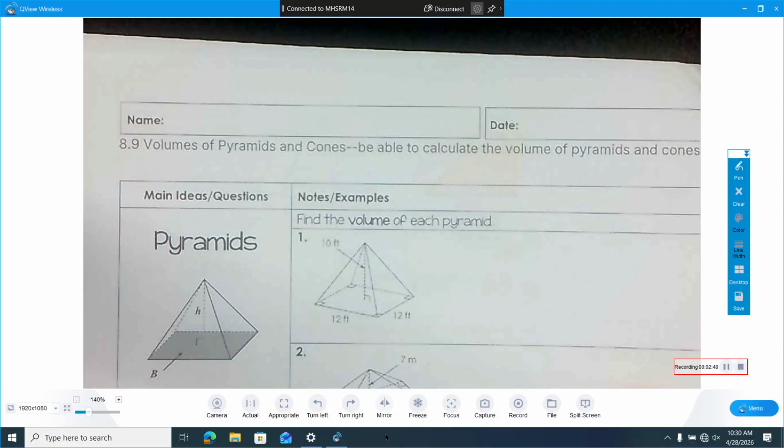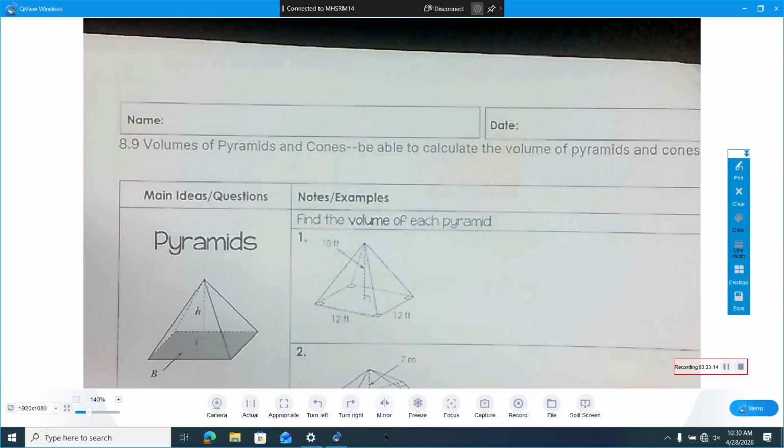So I have 1 pyramid full of water, and I'm pouring it into the prism. Oh, 3? Are you changing your answers now? So volume is like filling a container. Okay, here's a second pyramid.